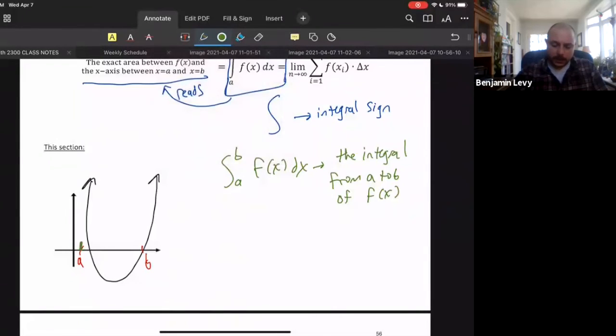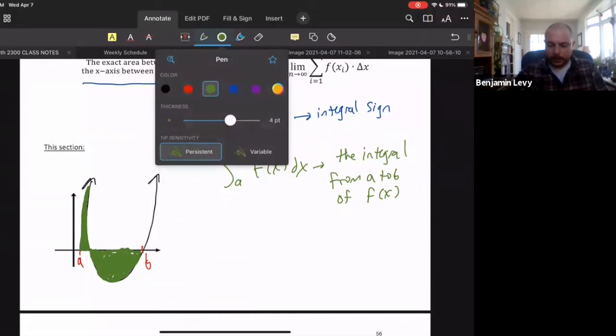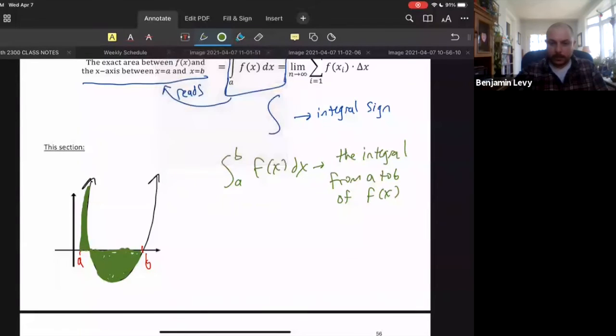It's going to tell us this specific area. No rectangles, it tells us the exact value that we want. That tells us that area.